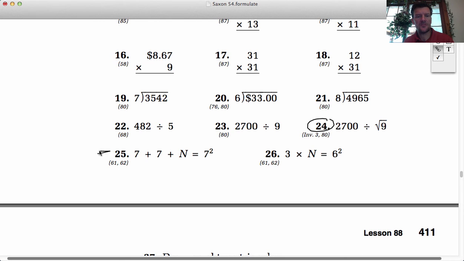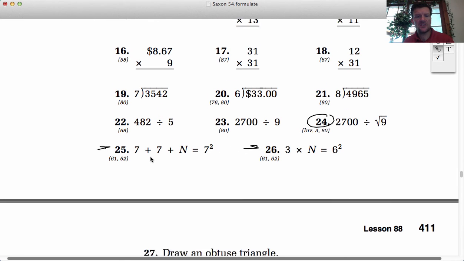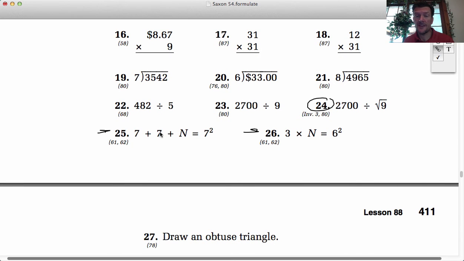Let's look at number 25 and 26. These are actually setting you up for some algebra later on. Notice you've got a letter here instead of numbers, but you can solve for that letter. You can find out what that letter is, and let's walk through this step by step. So you have 7 plus 7 over here on this side. 7 plus 7 is 14.